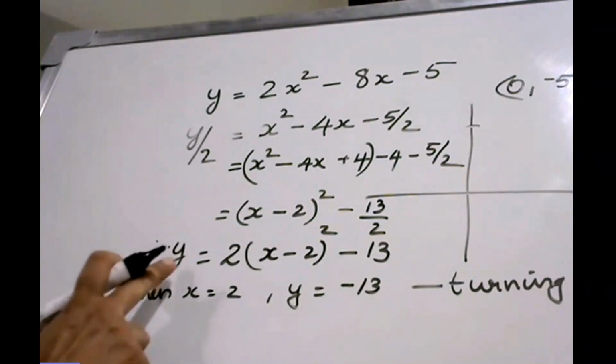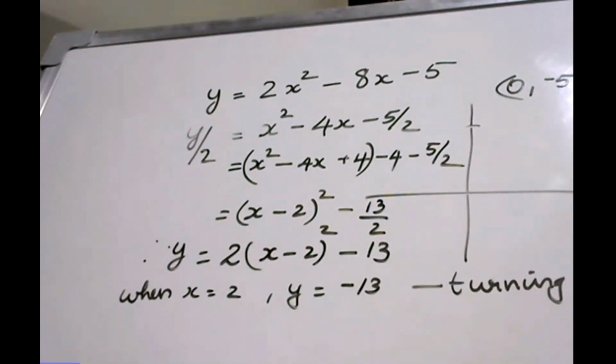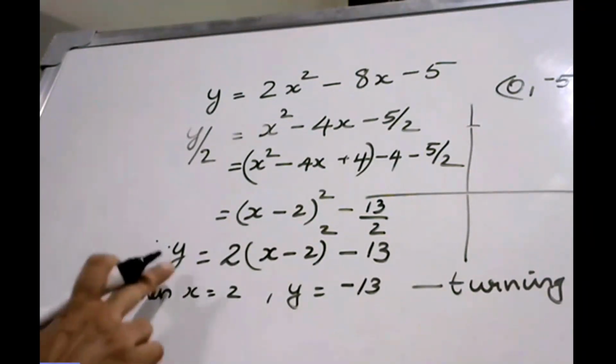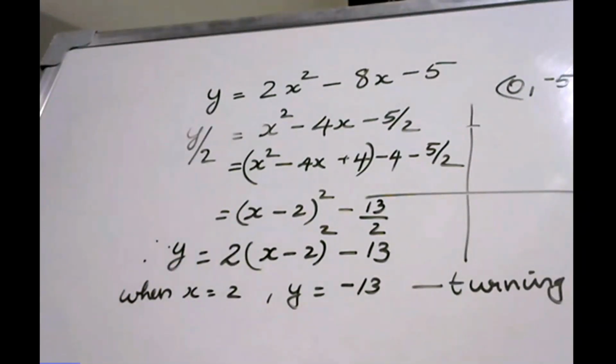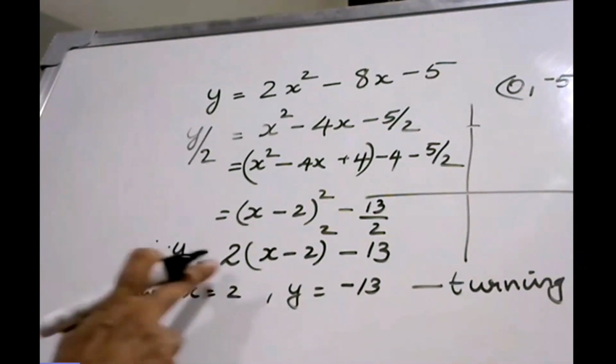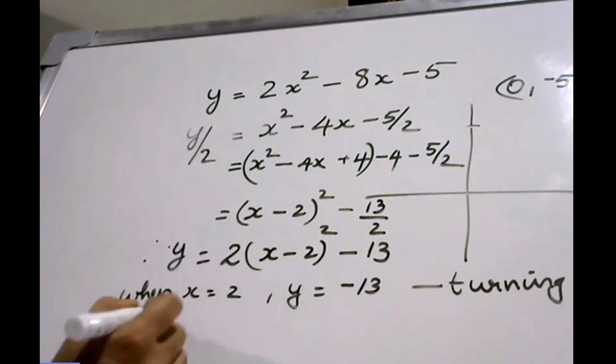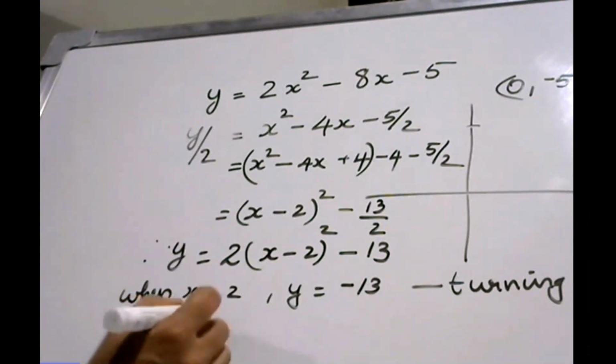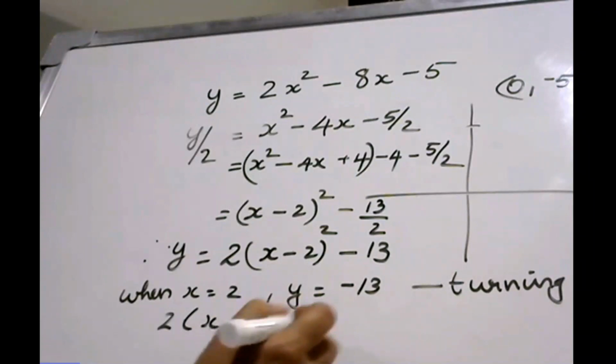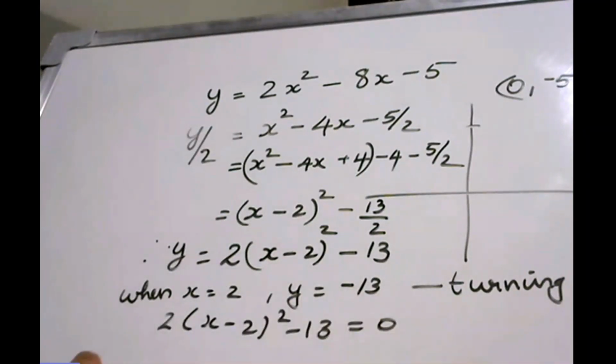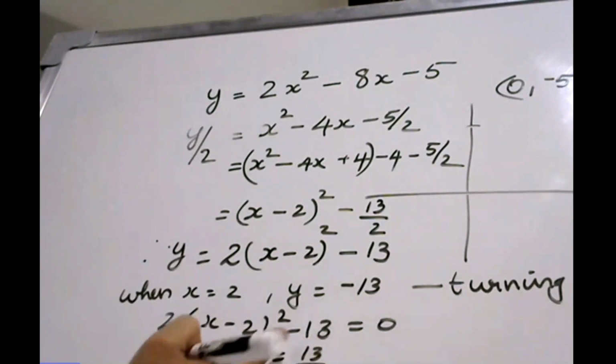Next, what we have to find out is the x-intercept. To find the x-intercept, we have to put y equal to 0. When y equal to 0, I can write this as 2 times x minus 2 the square minus 13 is equal to 0, from which I can write x minus 2 the square is equal to 13 over 2. I have taken this negative 13 to the other side and divided it by 2.